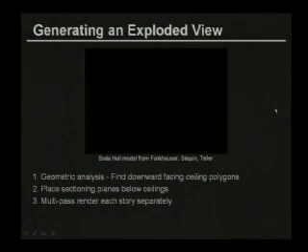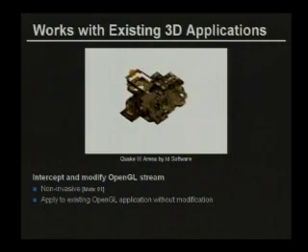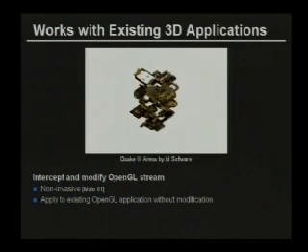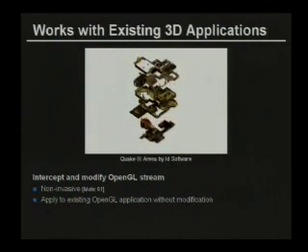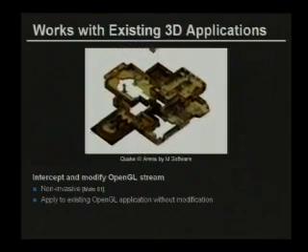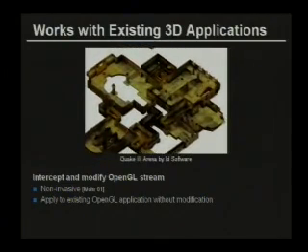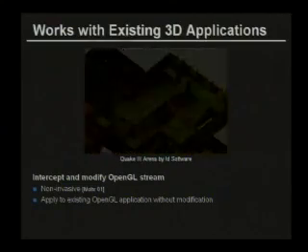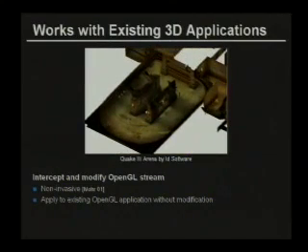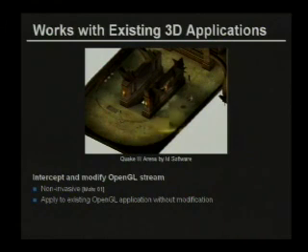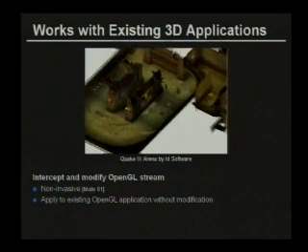But what's neat about this system is that we use this trick where we intercept the OpenGL graphics stream and modify that stream directly. What that allows us to do is apply this to existing applications like this first-person game, and we get a kind of spectator mode where we can see the different characters running around and interacting with each other. Okay?